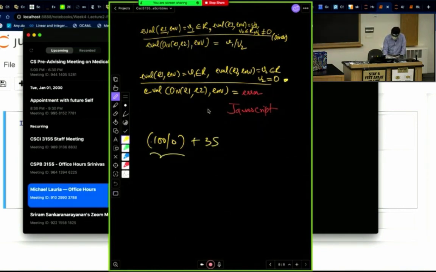According to this rule, which we'll call the division error rule, 100 divided by 0 is error. So now I am in the unenviable position of adding some funny value called error to 35. So what should error plus 35 be?